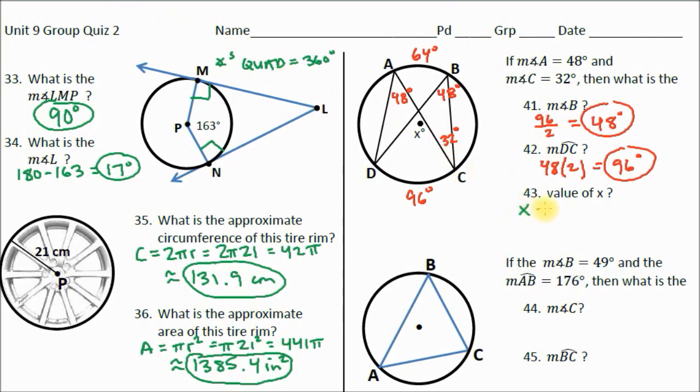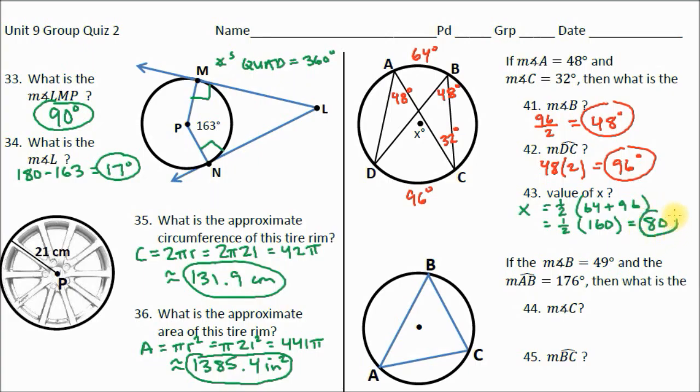We can say that x is equal to 1/2, and you add those two arcs together, 64 plus 96. That's 1/2 of 64 plus 96, which is 160, and that means the value of x is equal to 80.